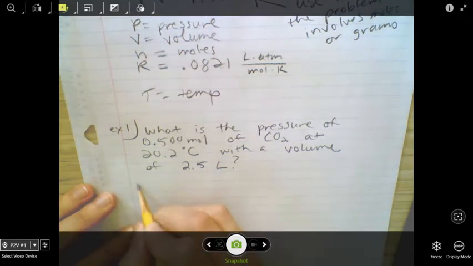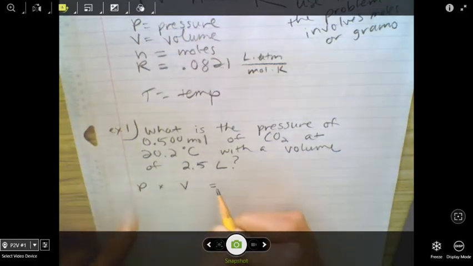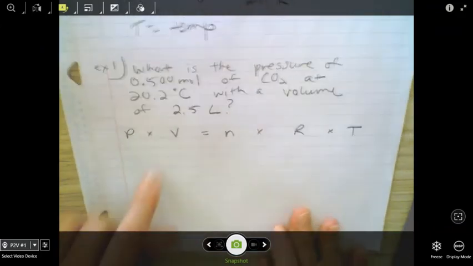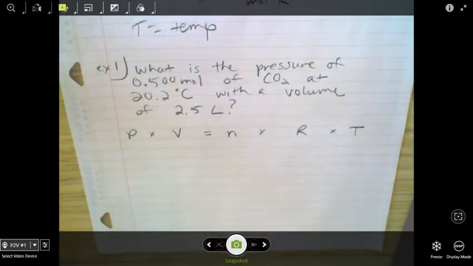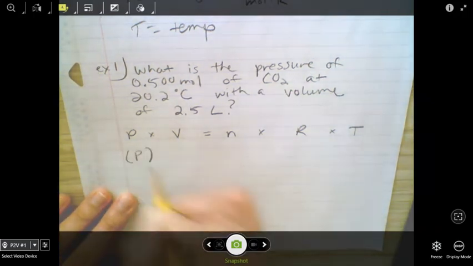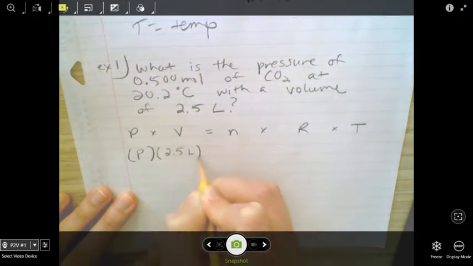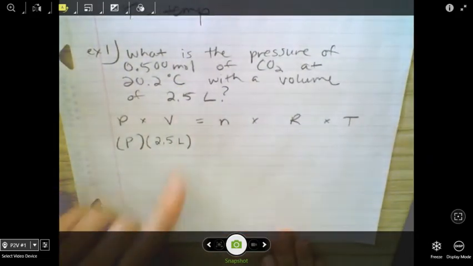So spread the formula out. I really want to show you, do P times V equals n times R times T. Really spread those variables out. I want to show you what we plug in where. All right, so P is pressure. That's what we don't know, so you can put that in parentheses. V is volume. Write down 2.5 liters. I want you to keep your unit here.